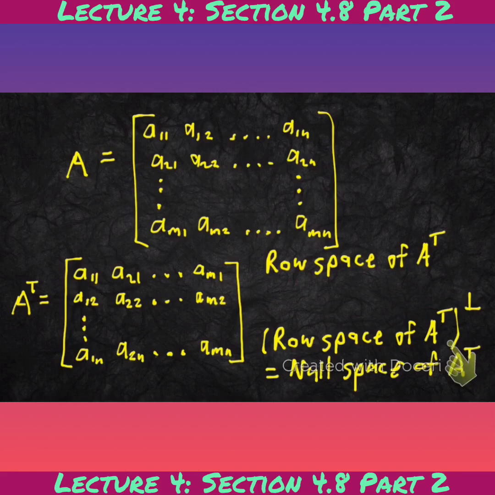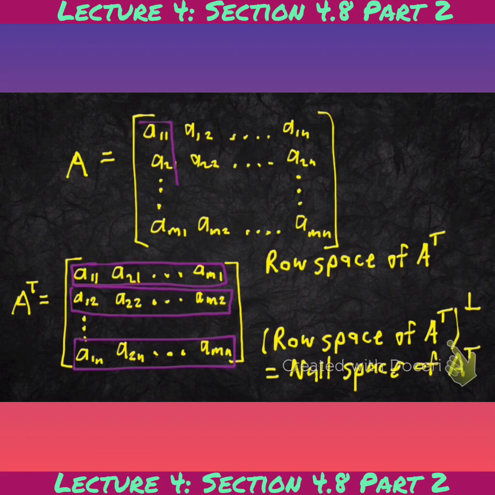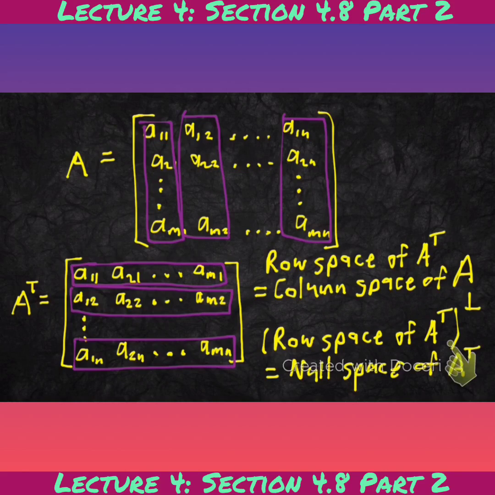The row space is the space spanned by the rows of A's transpose. And where are these rows actually in the matrix A? These rows are in fact the columns in the matrix A. So that's a space spanned by the column vectors of A.